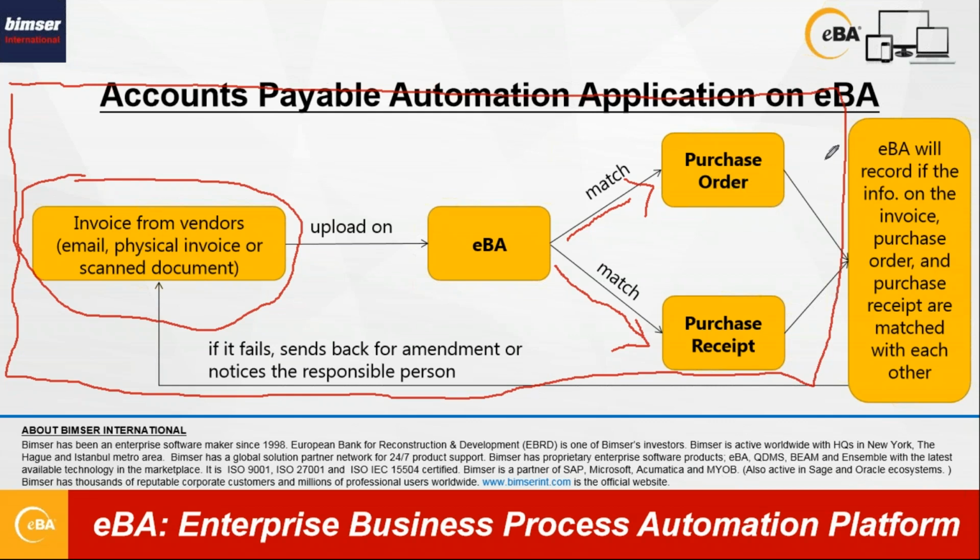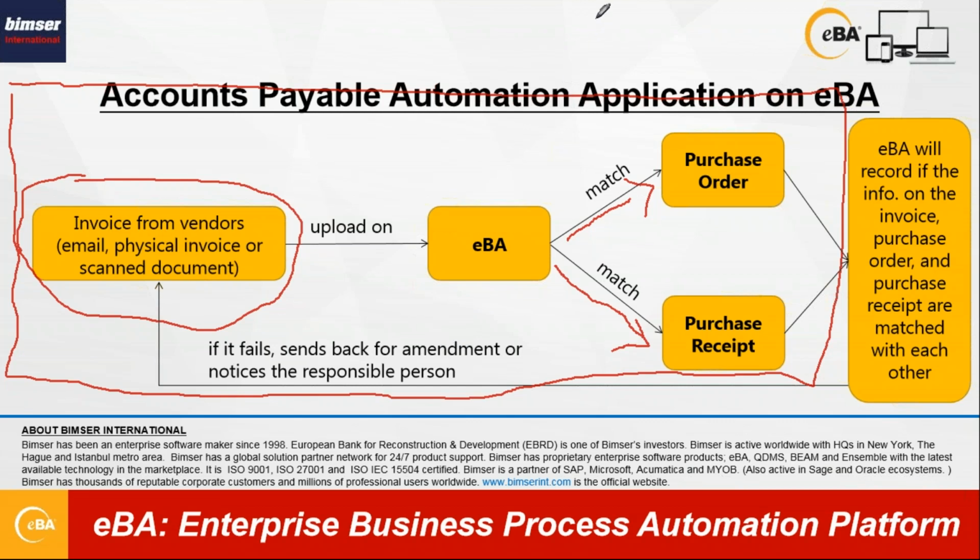If they all match, then we will set up the next step based upon the preference of the client or prospects, like making a payment, or a certain responsible person will be notified. If they are not matched, which means it fails, we will, based upon the preference of the customers, send this back to the vendor for amendment or notify someone.